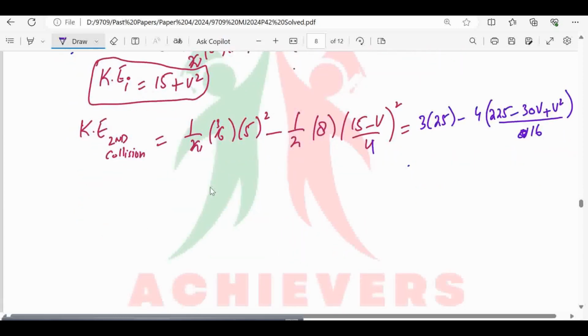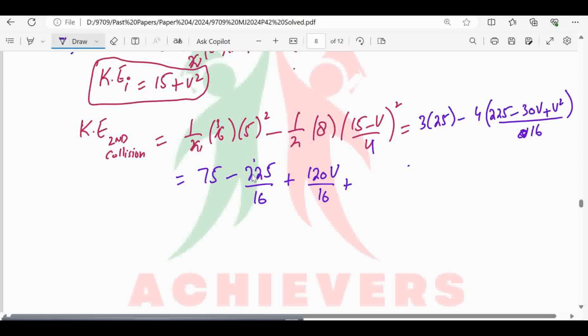Now we can calculate, so this will be 75 minus 225 by 16, minus, this will be plus 120v by 16, plus, we have simplified it.